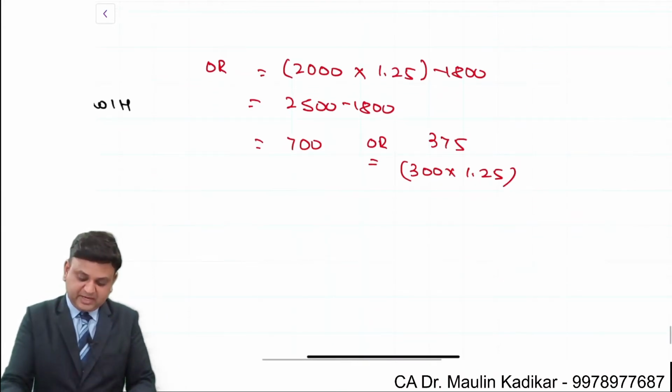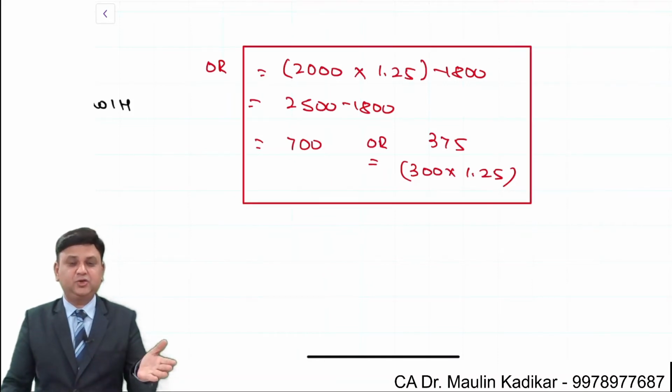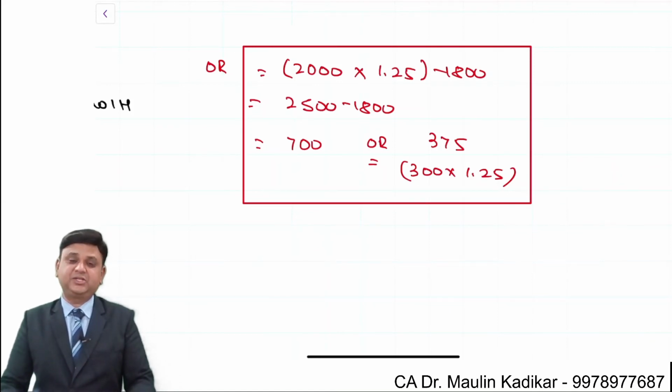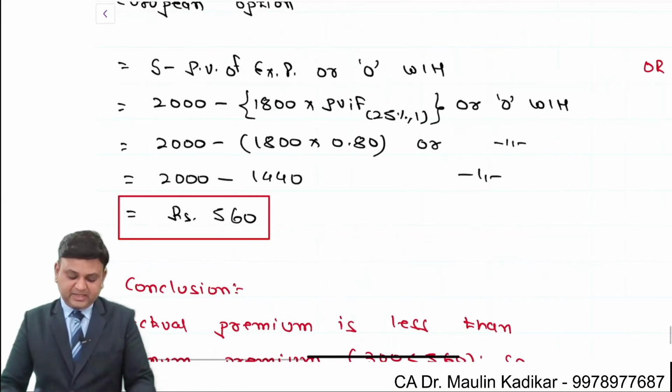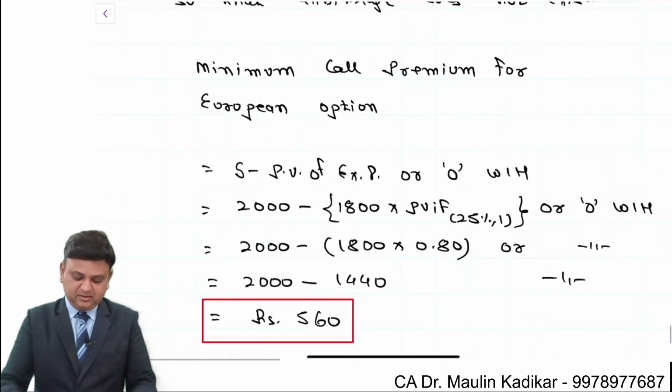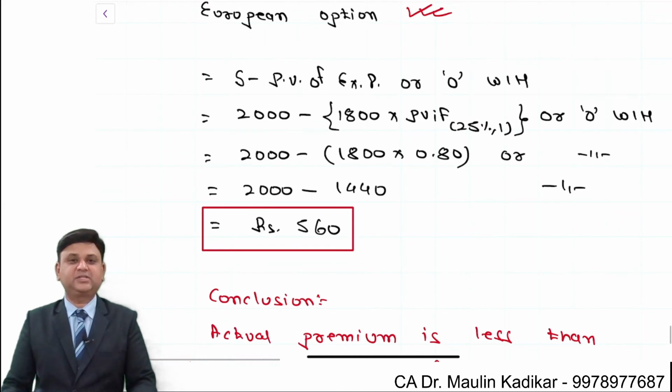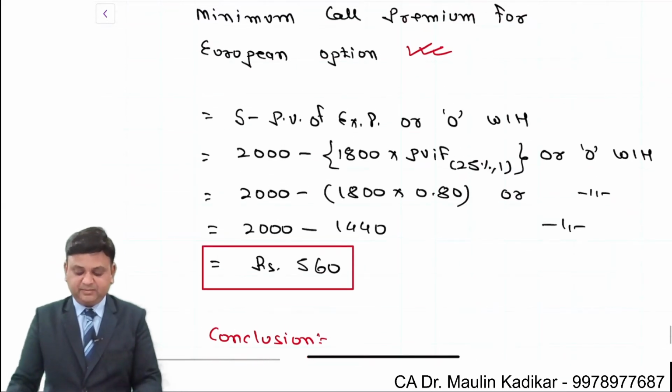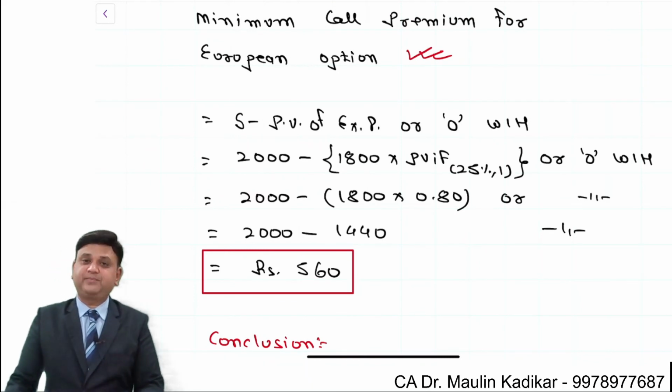Like this also you can make a comparison. Or after calculating 700, you discount the same in present value term, it would be 560. And then directly you make a comparison with 300. That is also a possible method. However, my suggestion is to go with this method. Why? Because the premium is charged in the present term. So better to calculate the minimum premium also in the present value term.